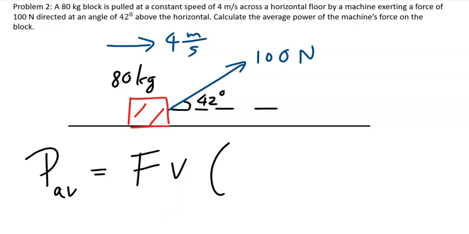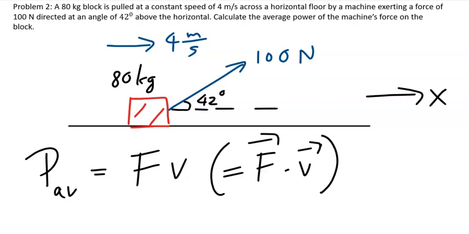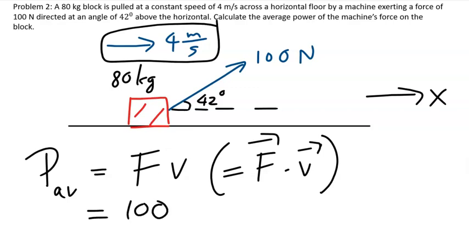Of course, the origin of this equation is F dot v. So F is the force along the horizontal direction, let's call it the x direction, because velocity is already along the x direction. So we need to compute the x component of that force, and that is simply 100 cosine 42 degrees.